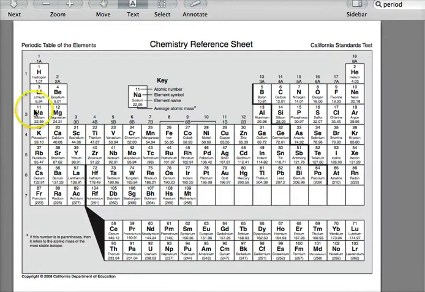And let's look at one more. How about magnesium and sulfur? So magnesium is in group 2, 2 electrons in its outer orbital. Sulfur is in group 6, which means it has 2 spaces in its outer orbital.